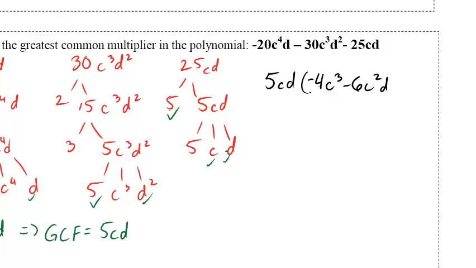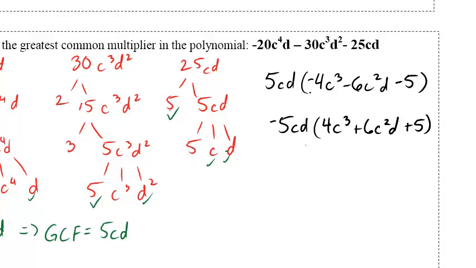And 5 times something gives you negative 25cd. That would be negative 5. Once again, I would move the negative part of this term into the factor on the outside. So I'd make this negative 5cd. So that's going to be 4c cubed plus 6c squared d plus 5.